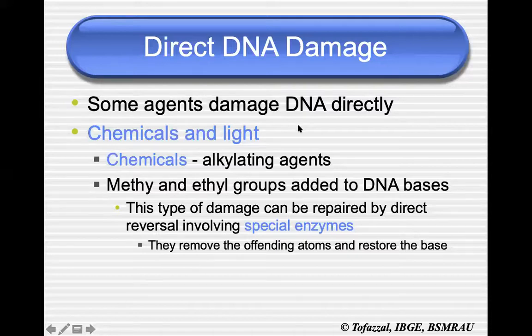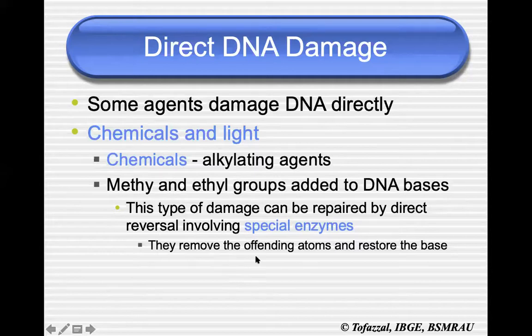And some agents damage DNA directly, chemicals and light. Chemicals like alkylating agents, because DNA has bases and base pairs. Methyl and ethyl groups added to DNA bases can also cause damage. This type of damage can be repaired by direct reversal involving specialized enzymes.